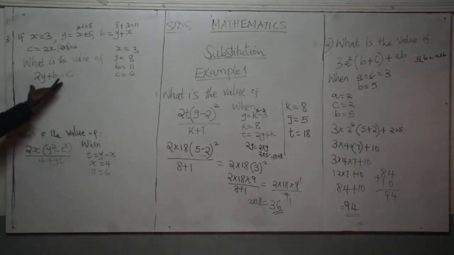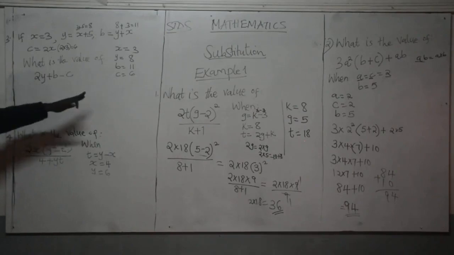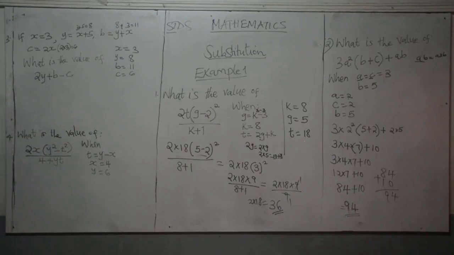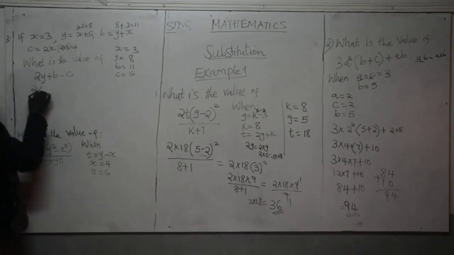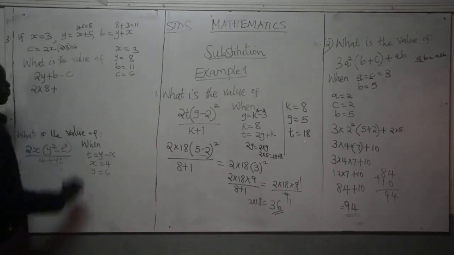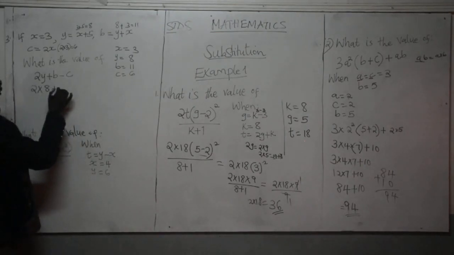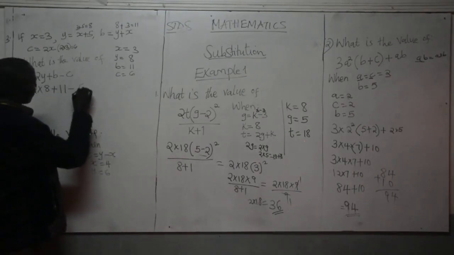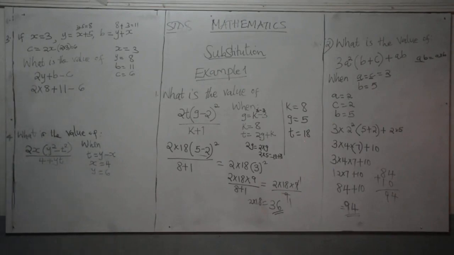We now substitute it here, replace it here. Where there is y, we put the exact value of y. Where there is b, we also put the exact value of b. So in this case, it's 2y, that is 2 times the value of y, which is 8, plus b, the exact value of b is 11, minus c, the exact value of c is 6.